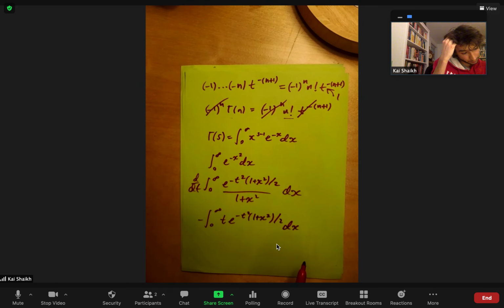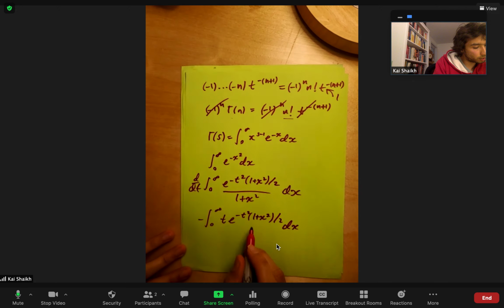And now what we can do is pull out this t and the e^(-t²). So this is e^(-t²/2) times e^(-t²x²/2). Sorry, I should have said, we're going to consider actually a slightly modified form of what I wrote here.